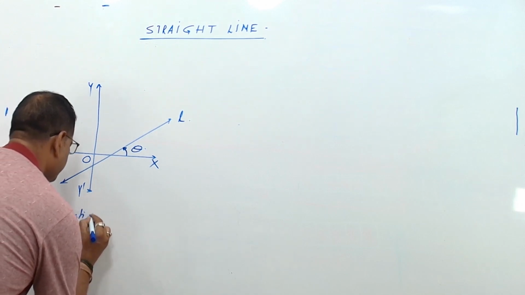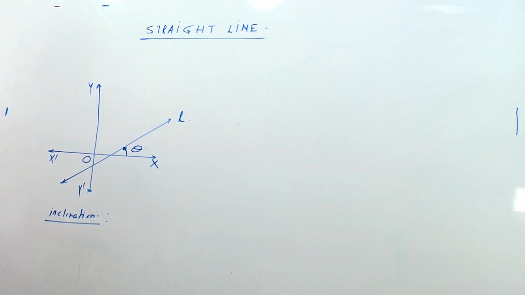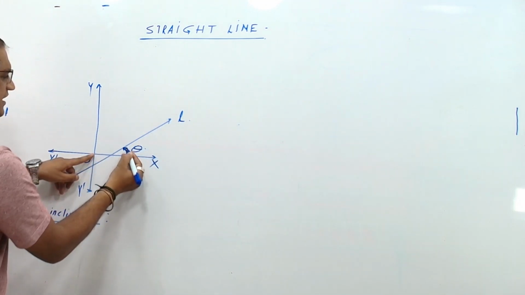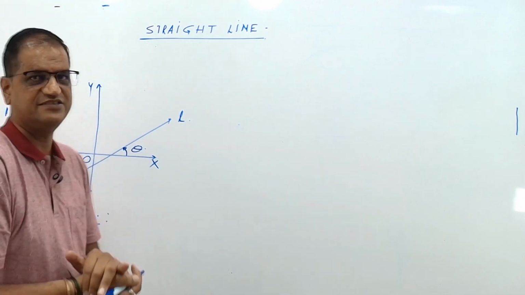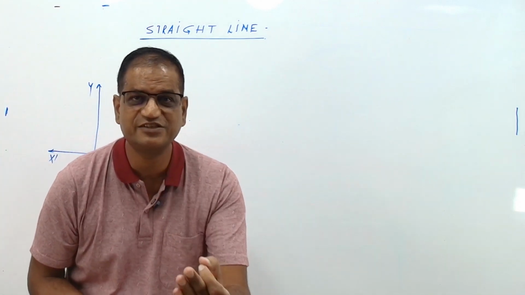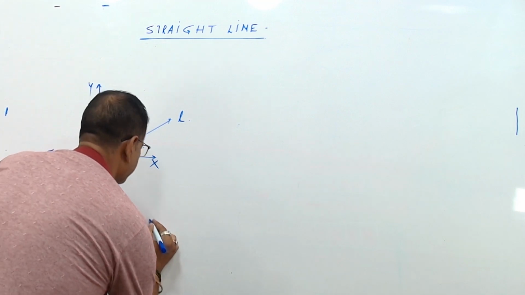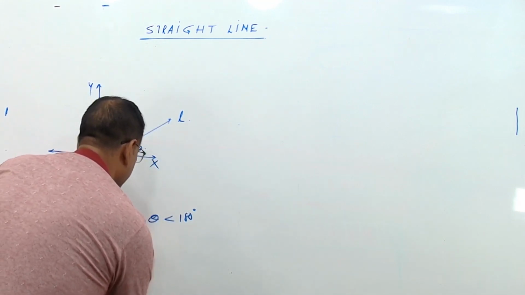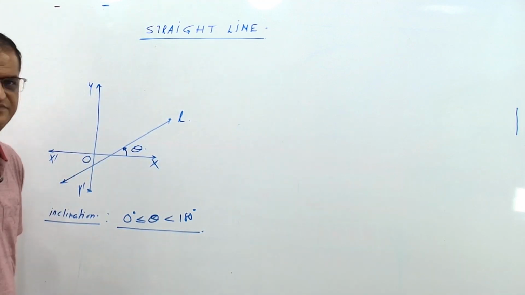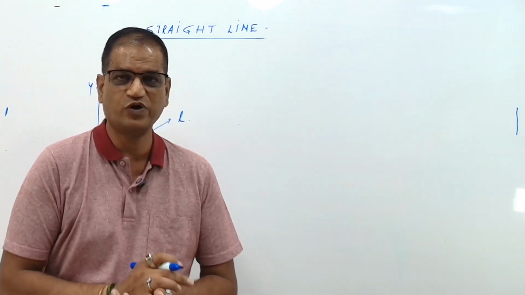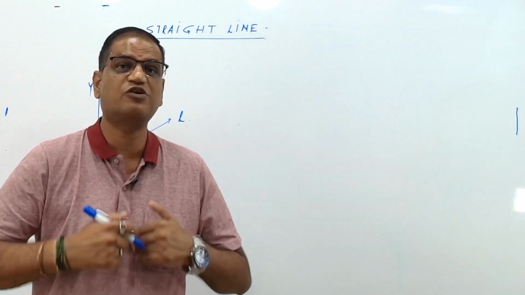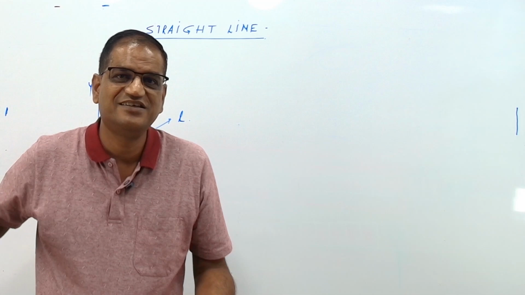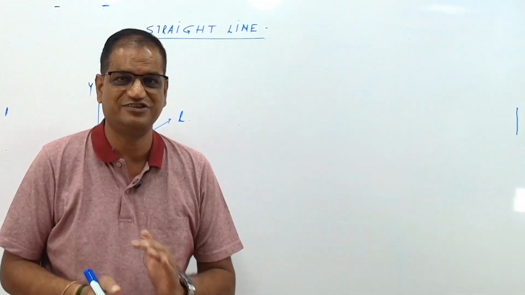So I will repeat this inclination. The angle made by the line with the positive x-axis in the anti-clockwise sense is called inclination. Now the value of the inclination always lies between 0 degree to 180 degree, including 0 but not including 180, because 180 degree will exactly coincide with 0 degree, so it will create a confusion.